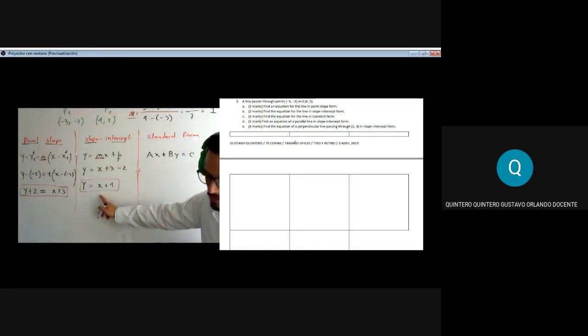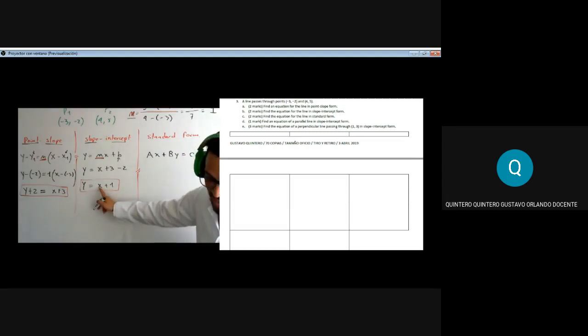You're going to work from here. We have the y with a coefficient. The coefficient of y is 1. We have the x with a coefficient. The coefficient of x is 1 as well. And we have the value of c, the value that is not being multiplied by anything. This one will be our c.